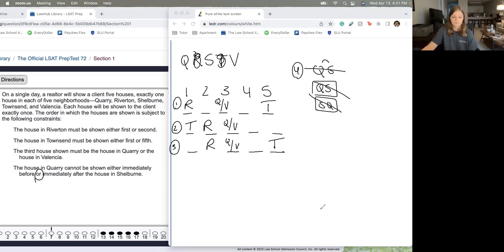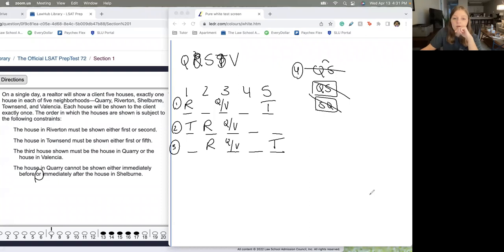They hate each other. So knowing that, and knowing that Q or V is going to be in that third spot is going to help me figure out where my Q and S are going to go. And it's going to force that V to happen. So rather than writing out these 3 additional worlds, I can actually save myself some time and some space by just doing something like this.